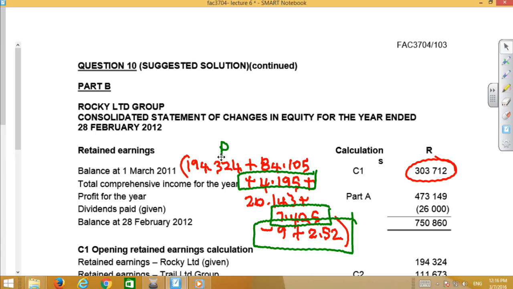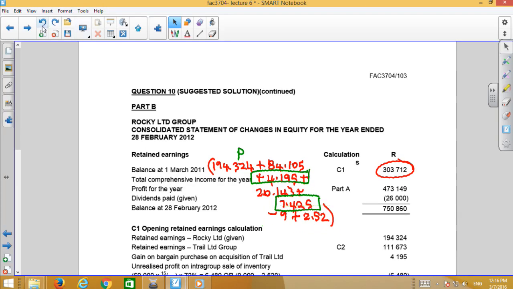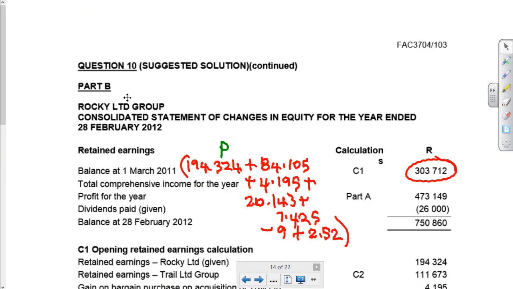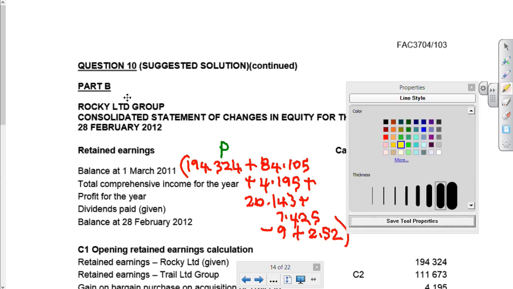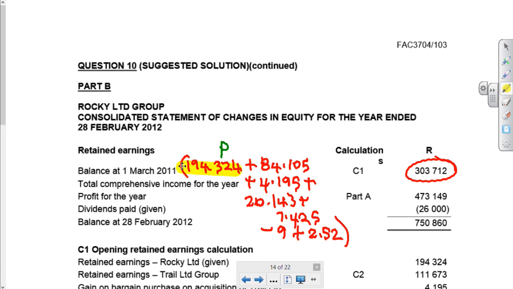Let me undo, otherwise you can't read. So I start with parent, I have my two bargains, not goodwills. I have the inventory adjustment, the 9 that came out and went to cost of sales.